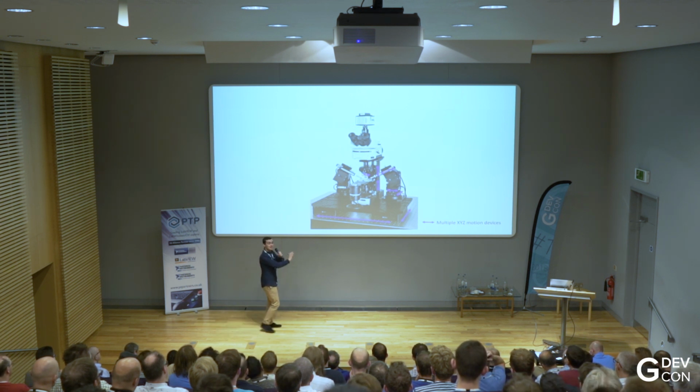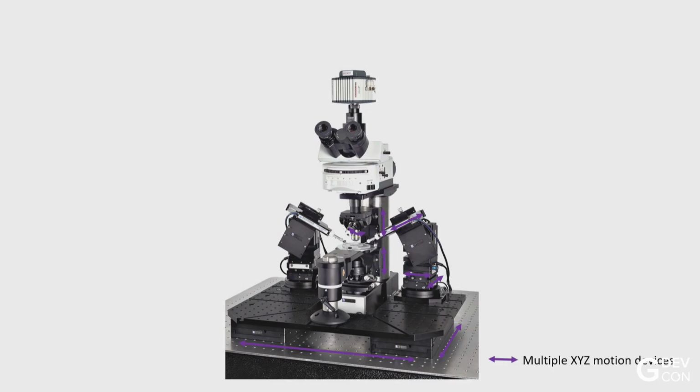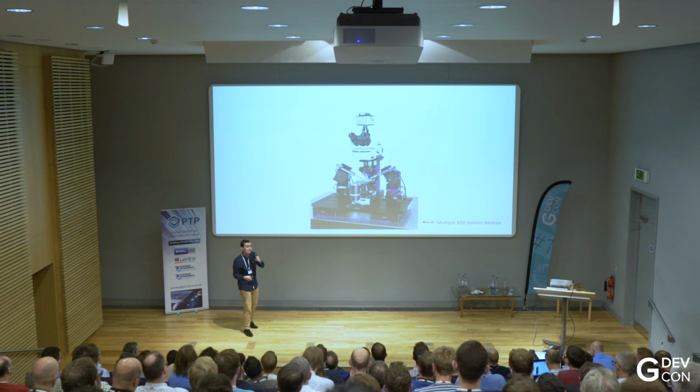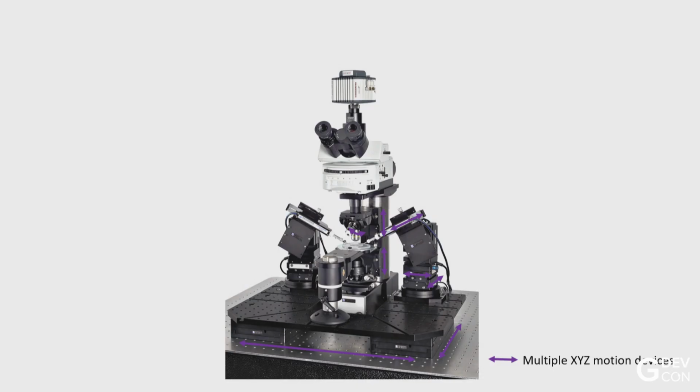So the bottom stage here, that can move around. And so our samples, which are typically neurons, can move with nanometer precision. We have some micromanipulators here. We have an objective that can change the magnification shining onto these neurons.